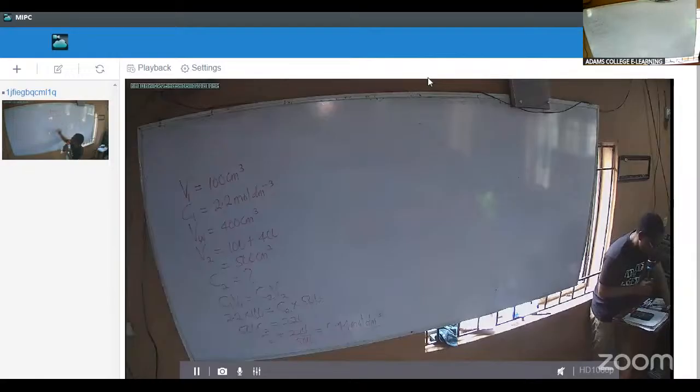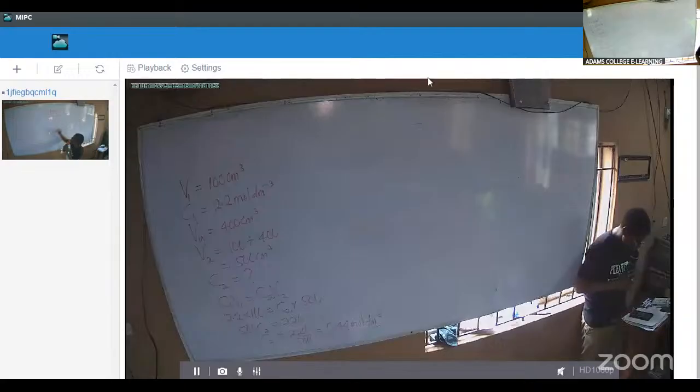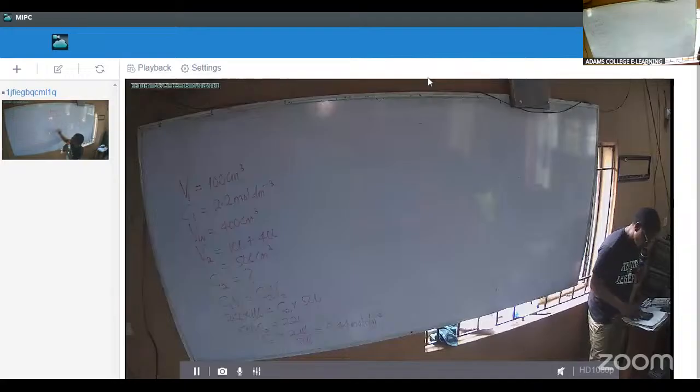Option B, sodium ethanoate solution. Option C, sugar solution.